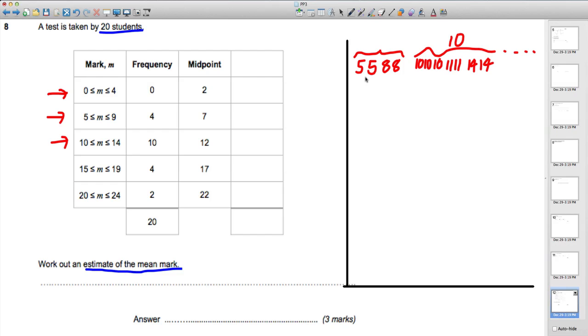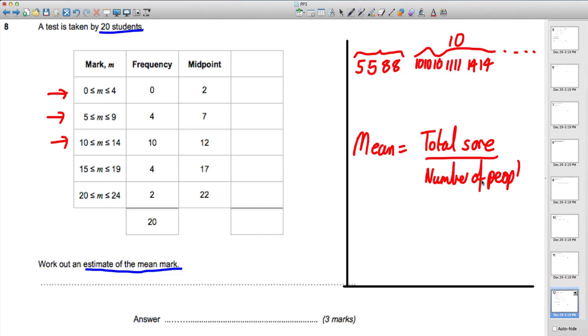Now, how would you work out the mean of a set of numbers? Well, what you would do is you would add up this total here, and you would divide by how many there are. So the mean will be the total score divided by the number of people, right? Okay, well in this case we are not told the individual scores.